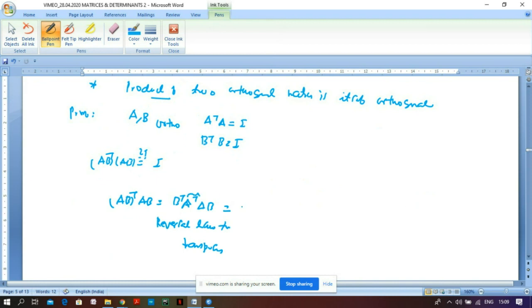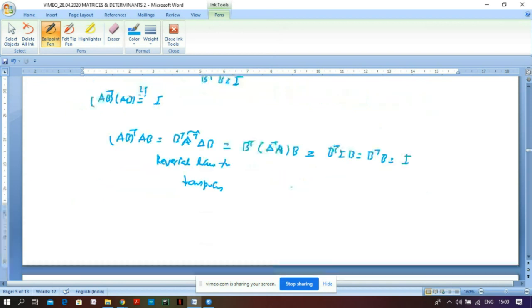A transpose A is I, so I can combine: B transpose A transpose A times B. So you get B transpose I times B, which is B transpose B, and that's again I. So (AB) transpose AB is I, and so you can say that AB is orthogonal. So if A is orthogonal and B is orthogonal, then AB also is orthogonal.